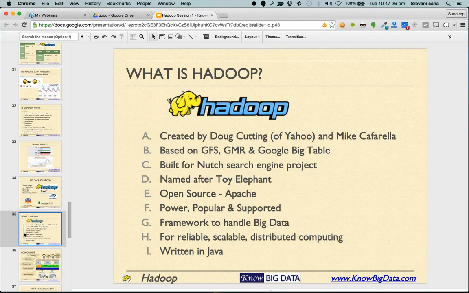That is why any NoSQL database launched today will have an open source license. There are 200 plus NoSQL databases which are open source as of today. Of most of the licenses, Apache is probably the most liberal one, and it's quite popular, powerful, and supported.